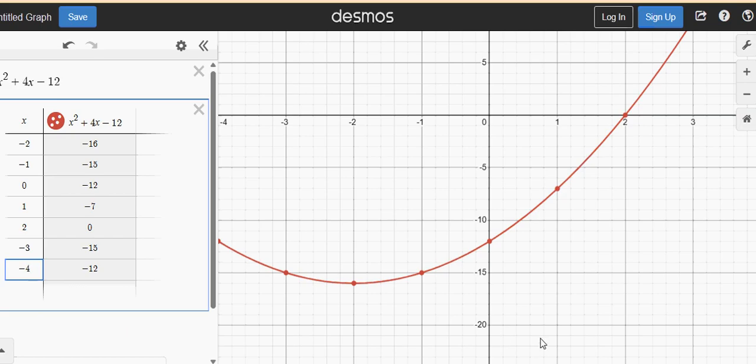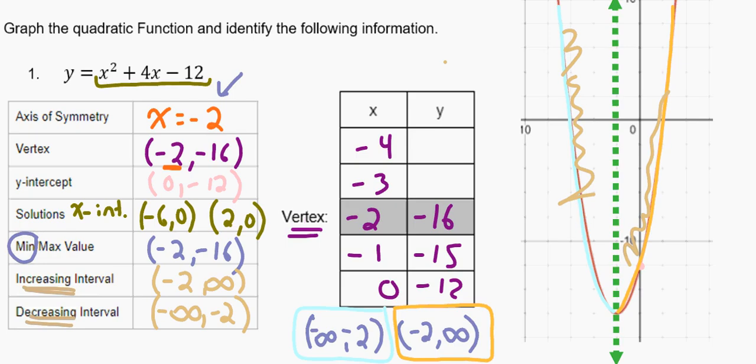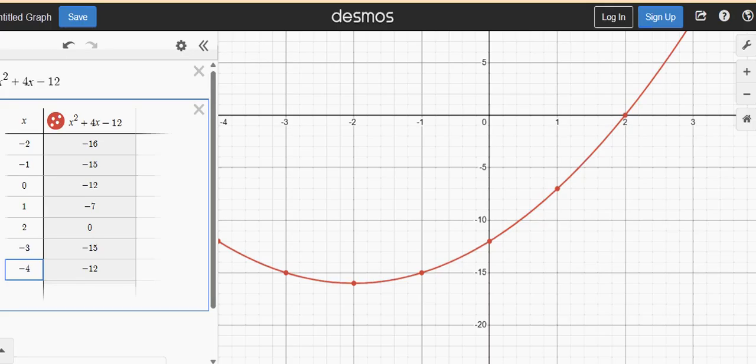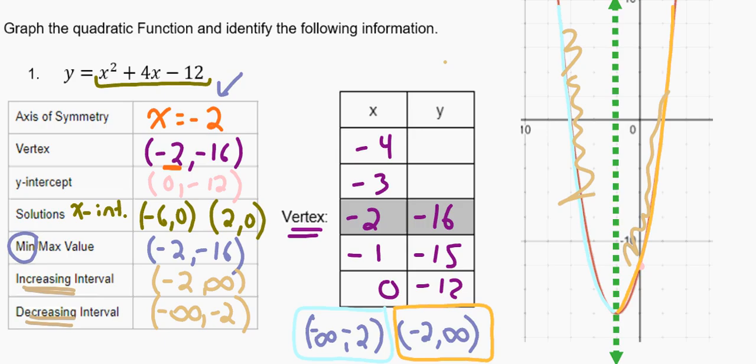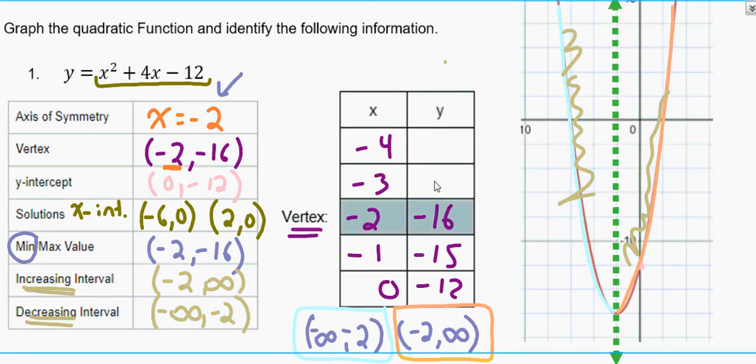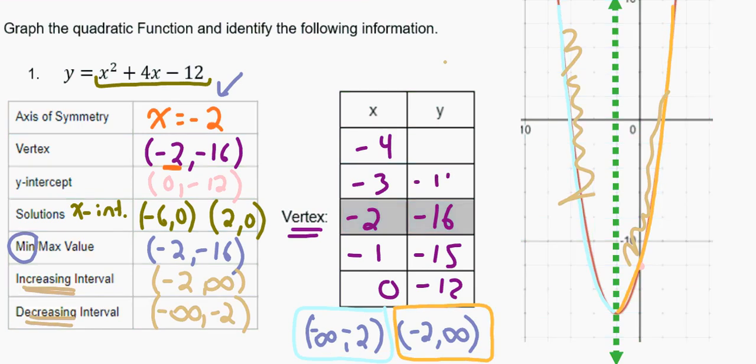So let's put those in: -12 and -15. Sorry about that. The -15 goes to the -3, and the -12 goes to the -4.